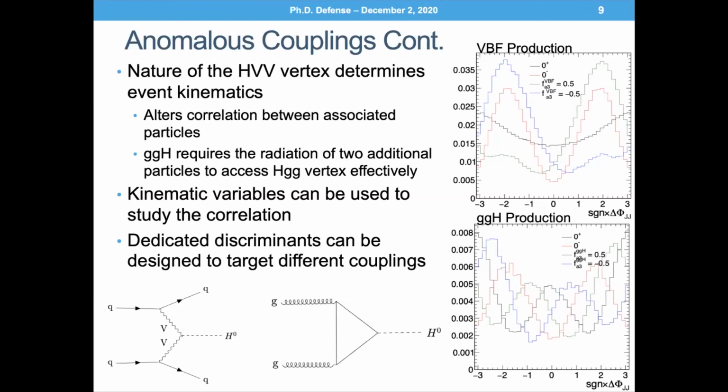And there's clearly a difference between CP even and CP odd states here. So in addition to just using the kinematic variables, we can actually build dedicated discriminants to target different couplings. That's what we'll do, and I'll discuss that later.